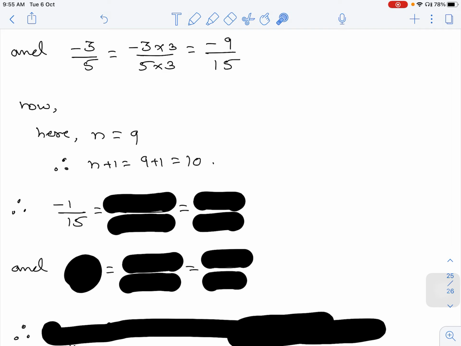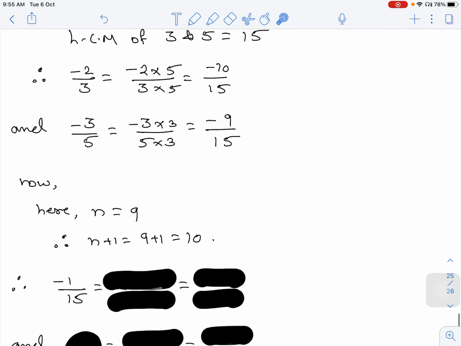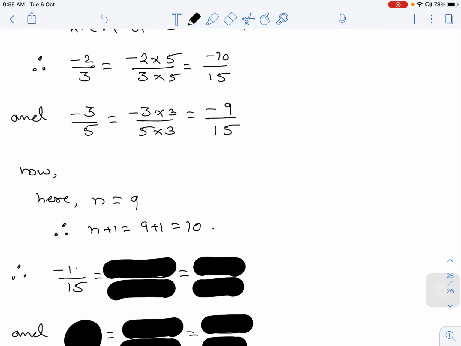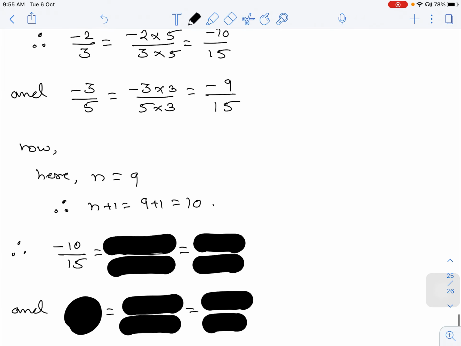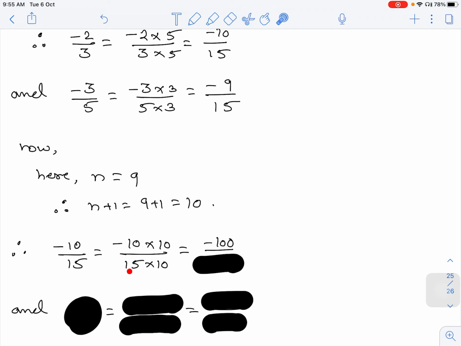It is minus 10 upon 15. Both the numerator and denominator we have multiplied by 10. So minus into minus is plus, and 10 tens are 100, and 15 into 10 is 150.